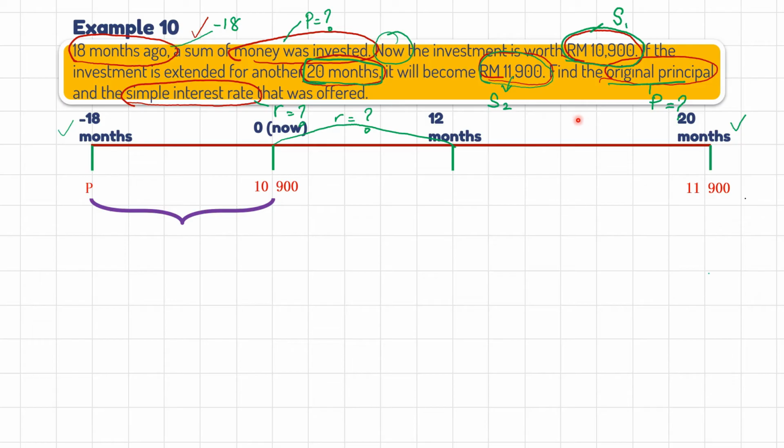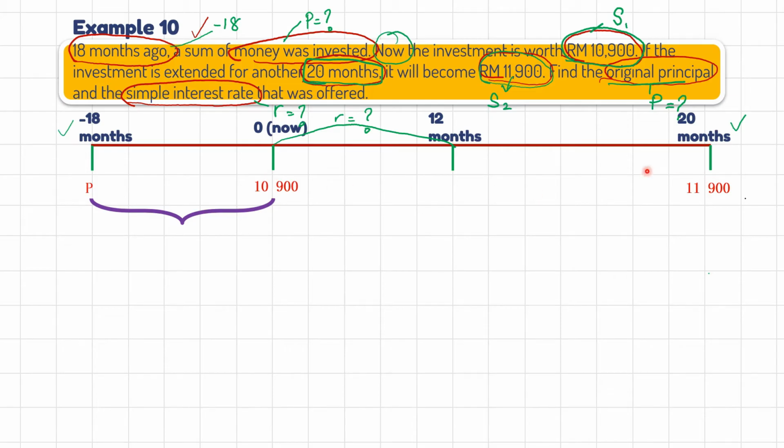Now let's put all the information on the timeline. Here we have P, as it is the sum of money invested 18 months ago. So our P should be written at negative 18 months. Then at present, we will write 10,900 ringgit, since the statement said now the investment is worth 10,900 ringgit.